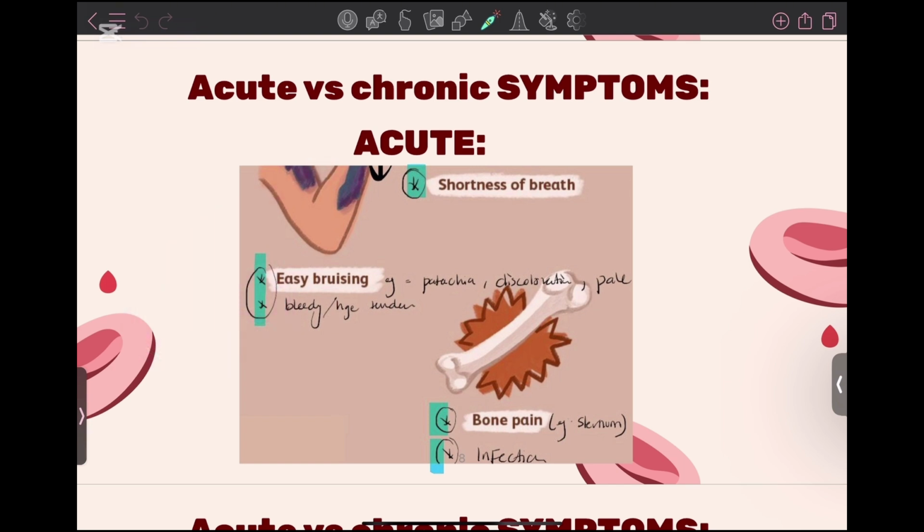Now, another thing is shortness of breath. This is another sign of acute leukemias. And finally, two things, bone marrow and infection. Why bone marrow specifically? Bone pain, because sometimes the bone marrow would have accumulation of cancer cells or malignant cells. This would interfere with the normal functions. So you would develop pain in this area, specifically in the sternum. Okay, so like in the chest, upper chest, thorax.